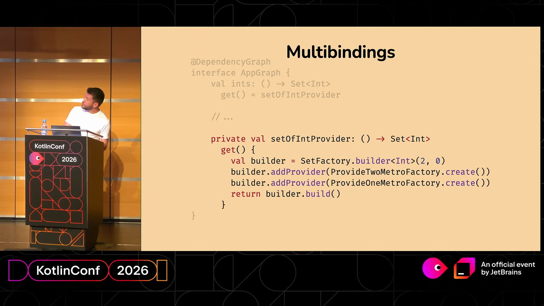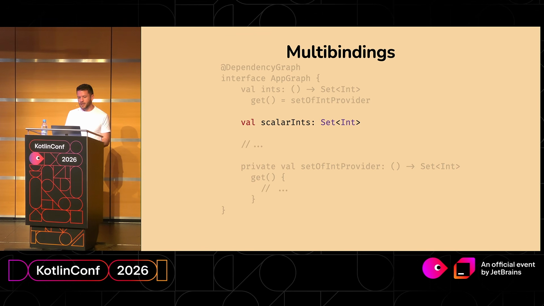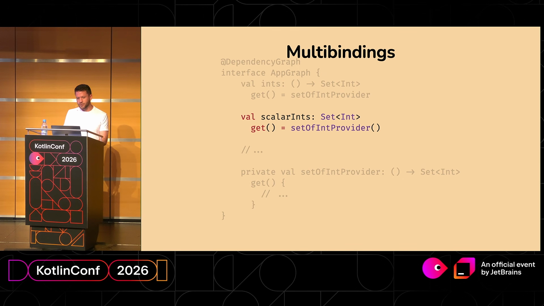If we have two different accessors for this int set of different contexts, so say we have the provider of ints and then we also just have a scalar request of it, in this case, Metro keeps track of those two, and I'll get more into that later, but it keeps track of how these types are used, and it will fall through to the lowest common denominator, which in this case is the provider. We always prefer the laziest version first, and then we can always convert that back up to a scalar one. So in that case, with a scalar ints one, we still call through that same provider, we just call invoke on the end.